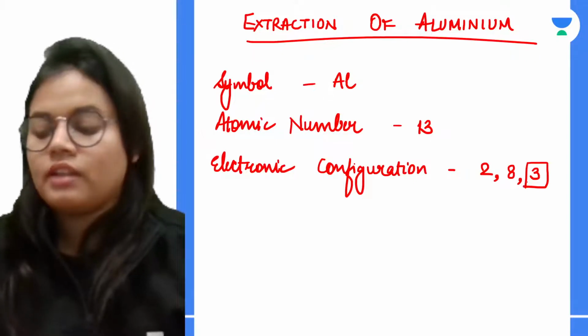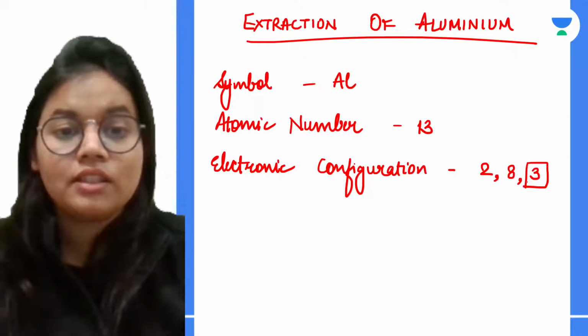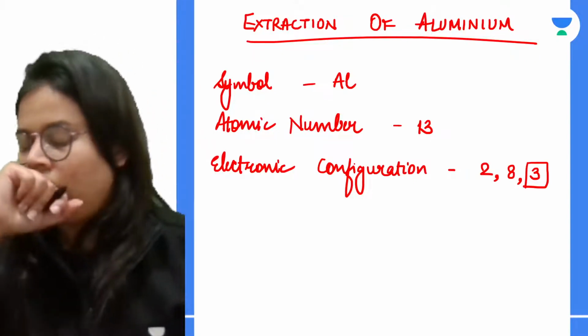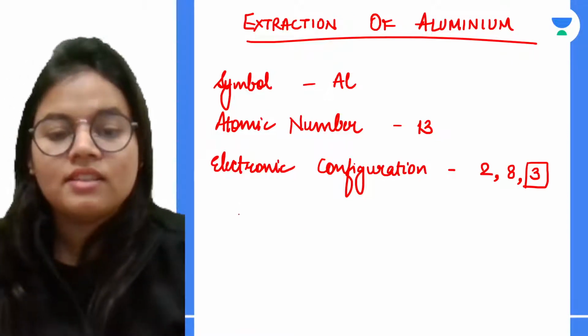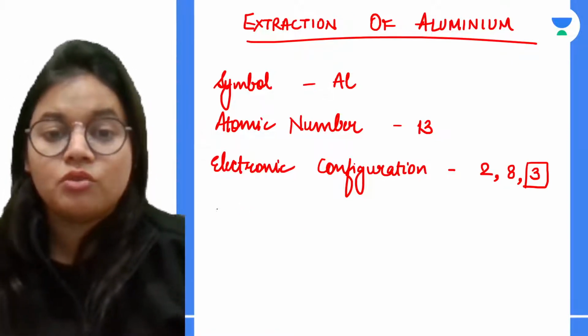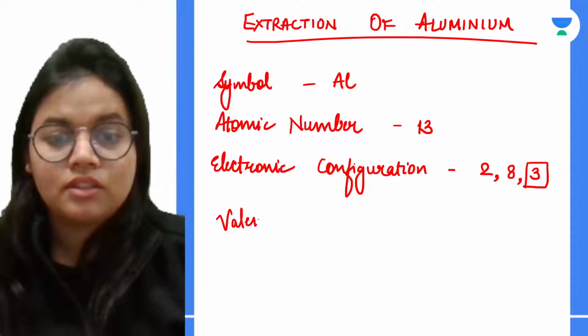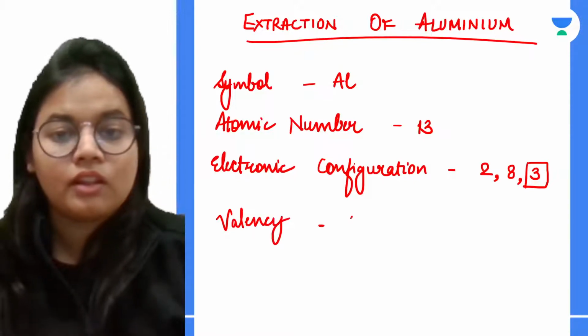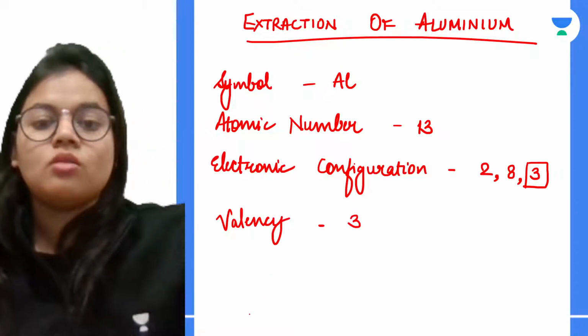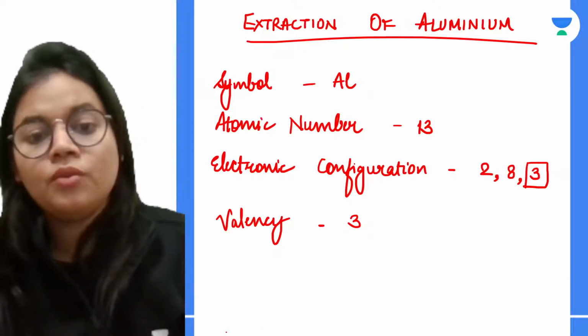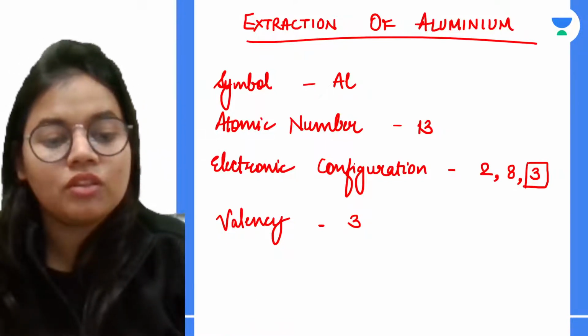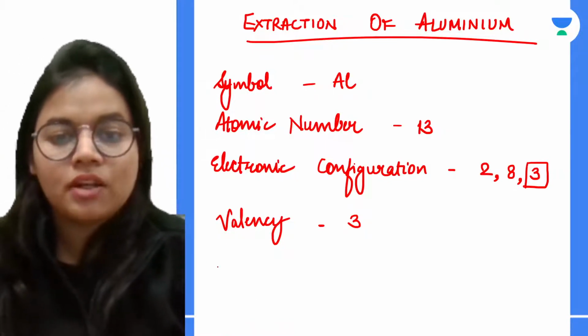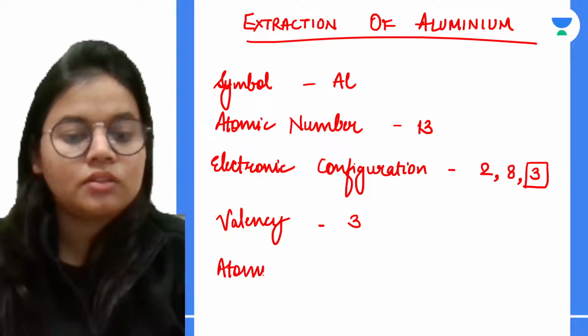That means it has 3 electrons in its outermost shell. And since it has 3 electrons in the outermost shell, its valency becomes 3. It donates the electrons to achieve a stable electronic configuration. The atomic mass is 27.